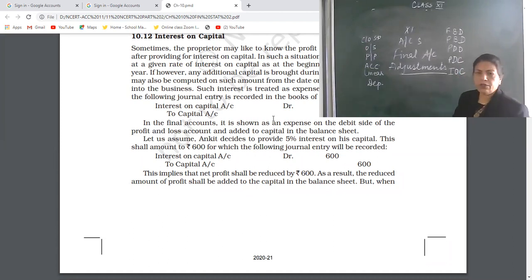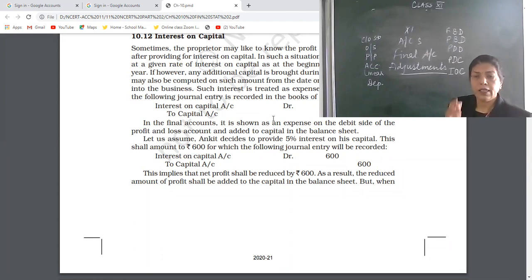Then next, IOC, interest on capital. That is interest given on capital. Same way, opposite of it is IOD, interest charged on drawings. And the impact is also reverse. See, interest on capital is to be shown at the debit side of P&L account, while IOD will be shown at the credit side of P&L account.